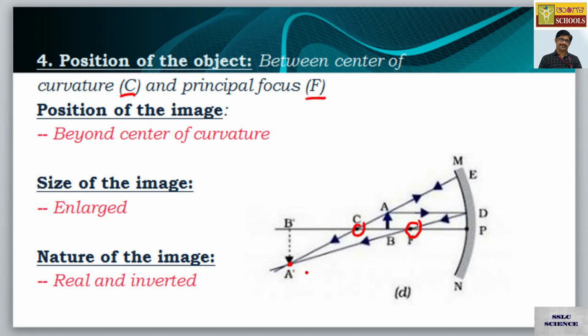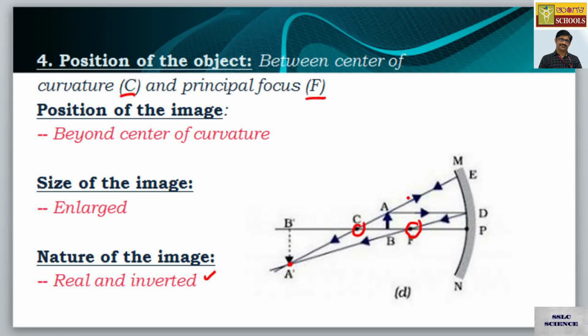So the position of the image is found to be beyond center of curvature C, you will find the image beyond C. And if you are looking into the size, the image is enlarged in comparison with previous. Again the nature remains the same, real and inverted.